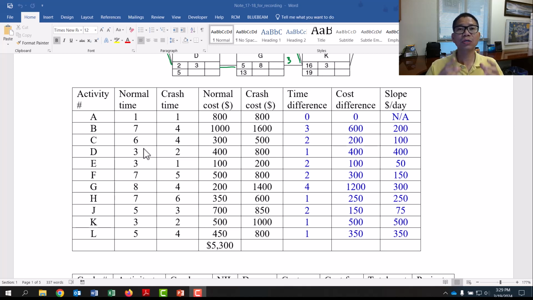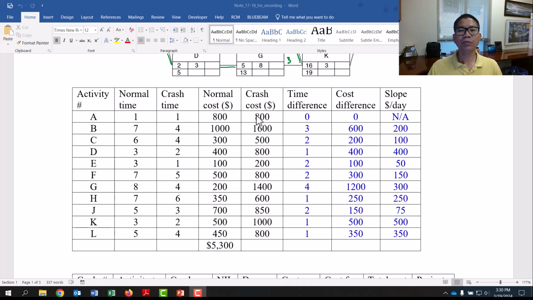The crash time is the shortest time we can do for that activity, and the normal time is the typical time for that activity. Then the normal costs are given, just like when you estimate the normal cost for an activity like pavement. Now if we make it shorter, the cost will change, typically more, and they call it crash cost.